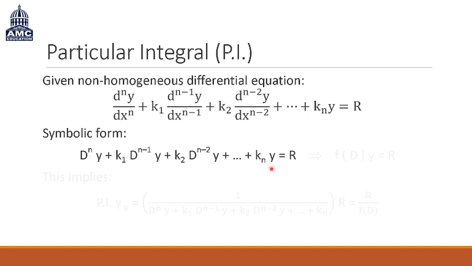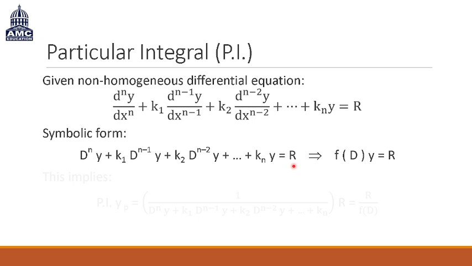That's the left hand side, and the right hand side is R. R is a function of x only, and this can be written as F(D) multiplied by y. Well, this is not really a multiplication, this is F(D) of y, which is equal to R.